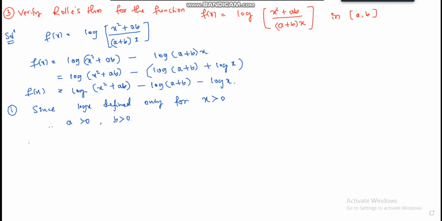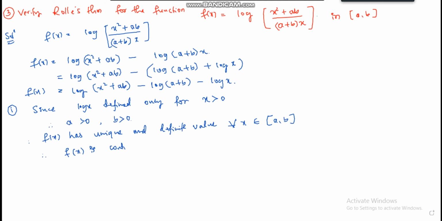Therefore f of x has a unique and definite value for all x belongs to the closed interval a comma b. If f of x has a unique and definite value, it means f of x is continuous here. Therefore f of x is continuous in the closed interval a comma b.